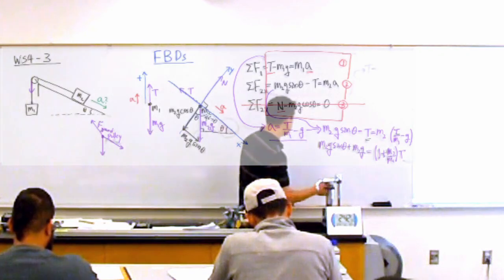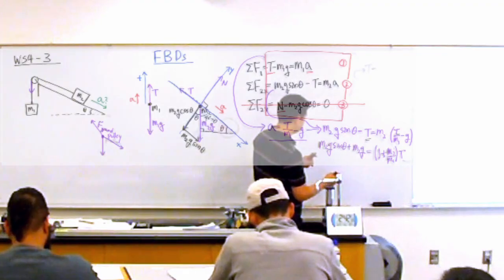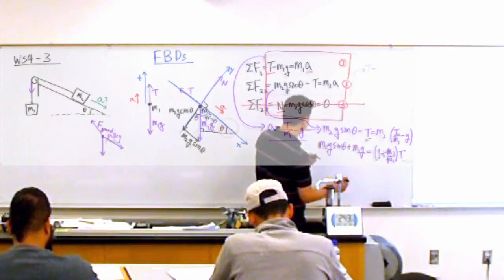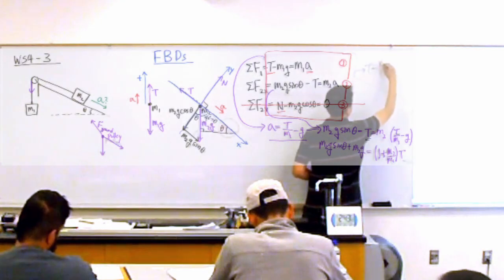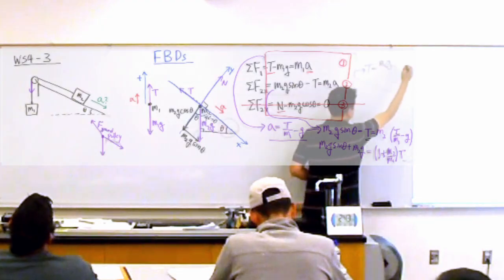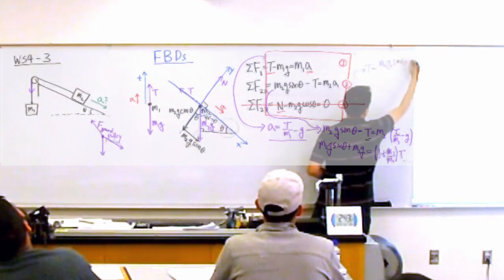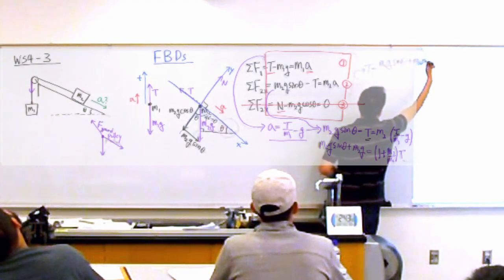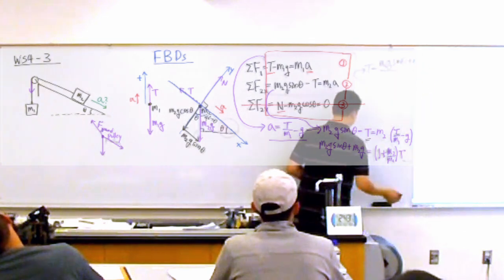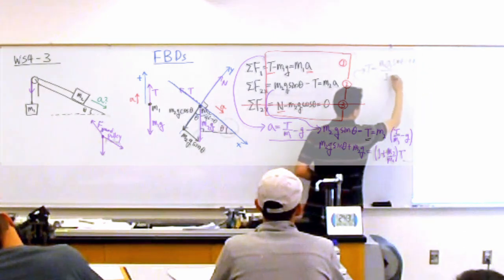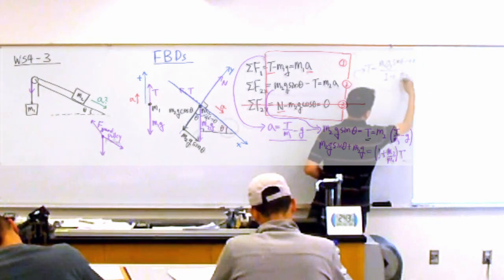No, it seems right. It's fine. So T is m2g sine theta plus m2g, divided by 1 plus m2 over m1.